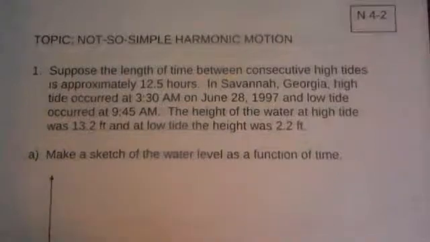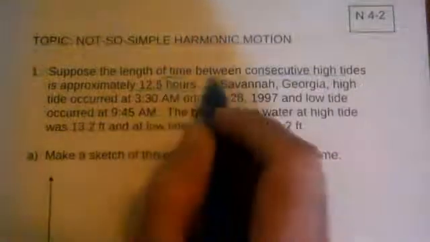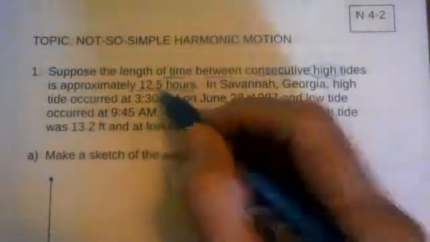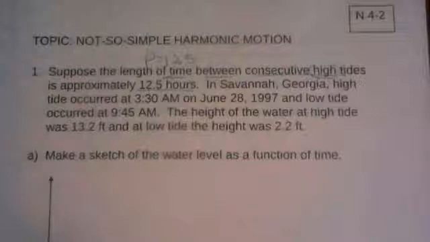It says, suppose the length of time between consecutive high tides is 12 and a half hours. So time between highs is 12.5. That's already telling us that our period from high point to high point is 12.5 hours.